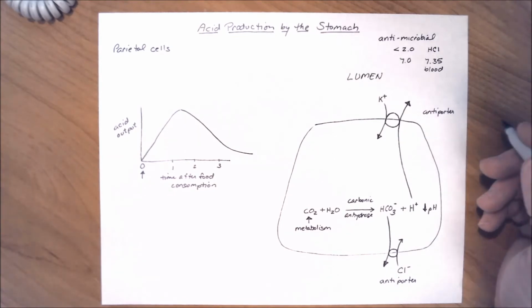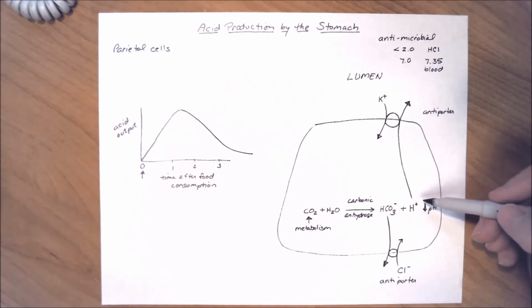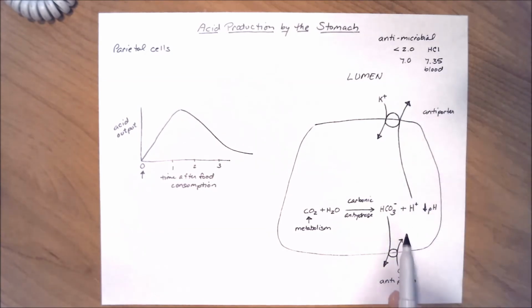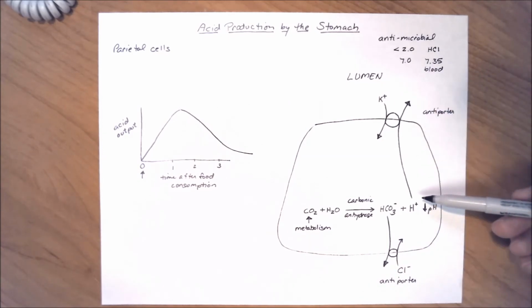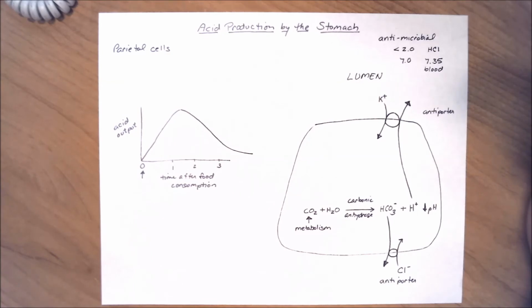Now, getting these protons into the lumen to acidify the stomach is so important that we are not going to simply rely on a diffusible gradient. As we generate protons under this reaction, we are increasing the concentration of protons here, with a lower concentration there, so we have a gradient that could potentially drive this process.